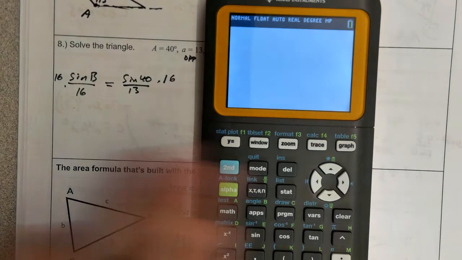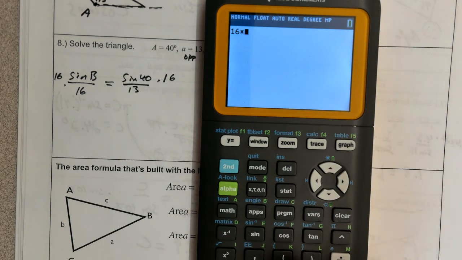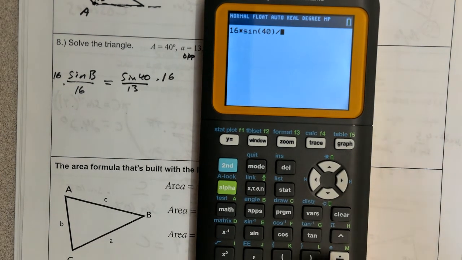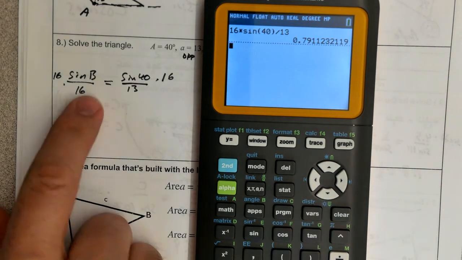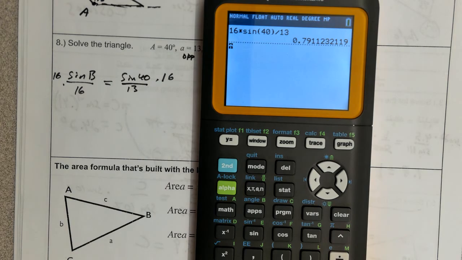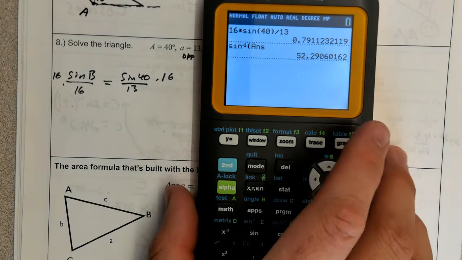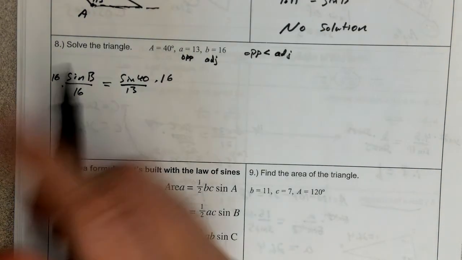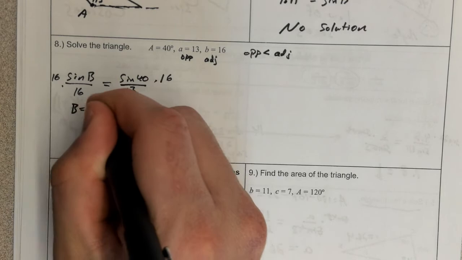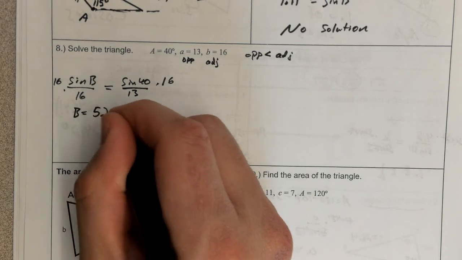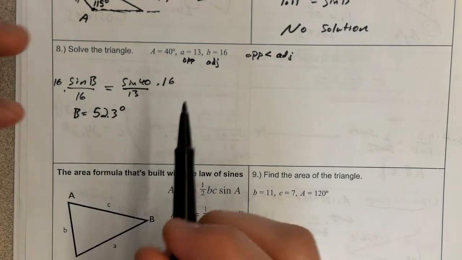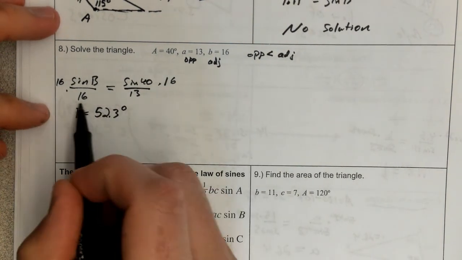So in my calculator, I'm going to have 16 times sine 40 divided by 13, and then I'm going to have to do the inverse sine of that, and I get 52.3 degrees. So B is 52.3 degrees.